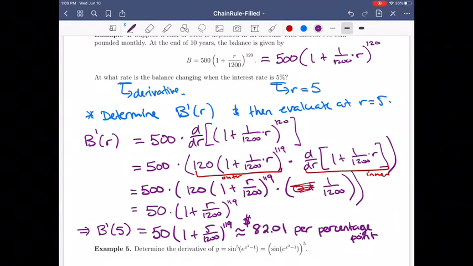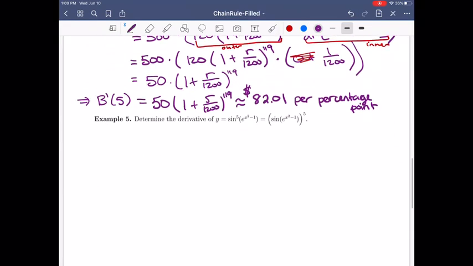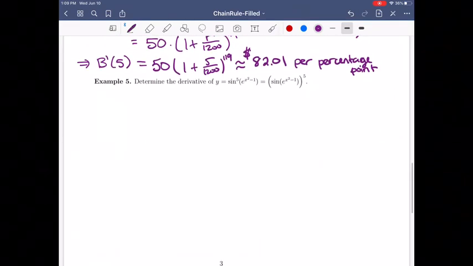Okay, let's try another example. So here I actually have multiple layers going on. So I'm going to use a multiple chain rule. I'm going to try and do this just with the layers idea. So my outermost layer is something to the power 5.